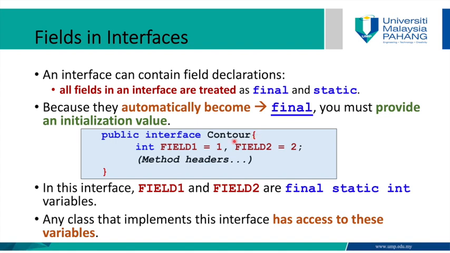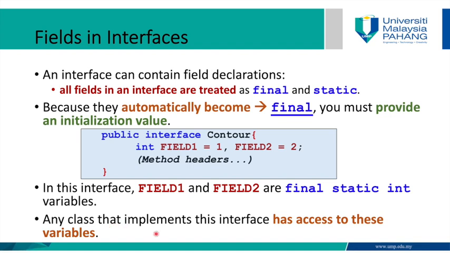We declare the values right away: integer field1 equals 1, field2 equals 2, and all the method headers in here. No implementation, just the method headers. As explained here, field1 and field2 are final static integer variables, and any class that implements this interface has access to these variables.